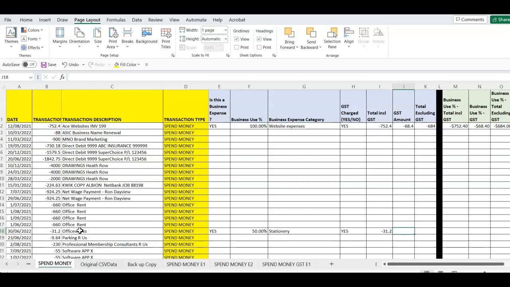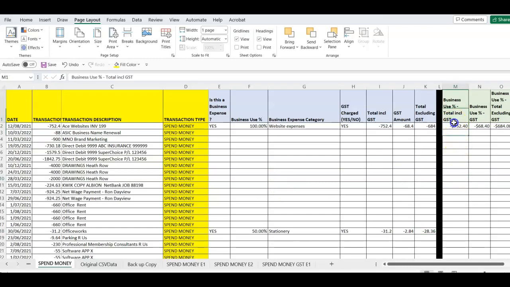So this is where the three columns in green become relevant. It's identifying the actual business use portion of the transaction as opposed to the original transaction amount. So we'll just work through that. We're recording the GST charge, again reciting the supporting documentation from the supplier.